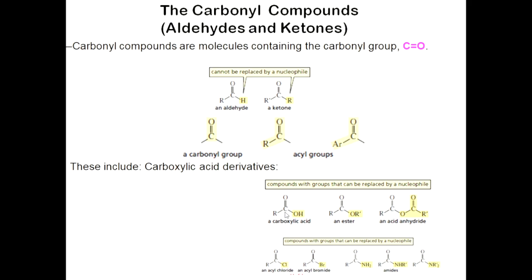Whereas if the acid OH is replaced with chloride, it is a derivative called an acid chloride, and similarly an acid bromide. If it is replaced with an amine, it is called an amide derivative. And if it is replaced with a secondary amine, it is a secondary amide, and similarly tertiary amides. So the carboxylic acid also contains a carbonyl group and has different derivatives.